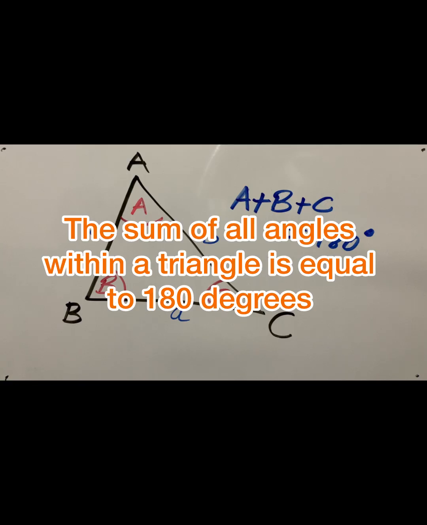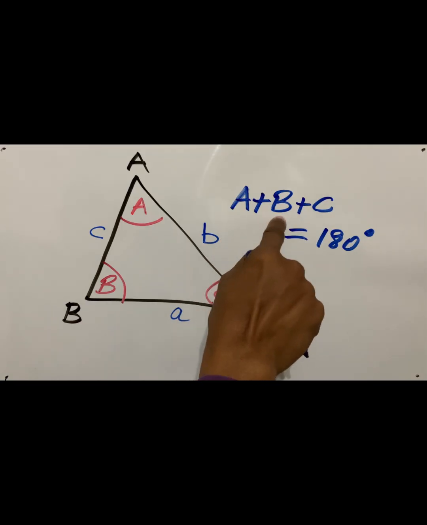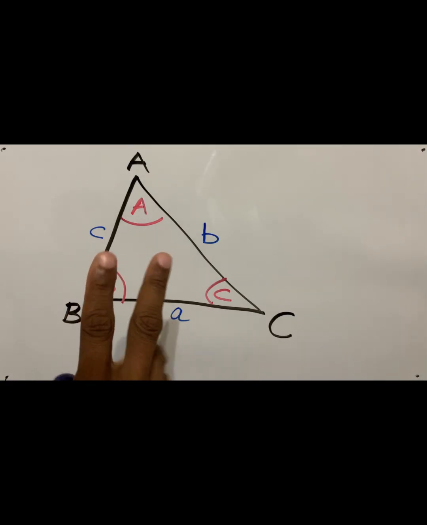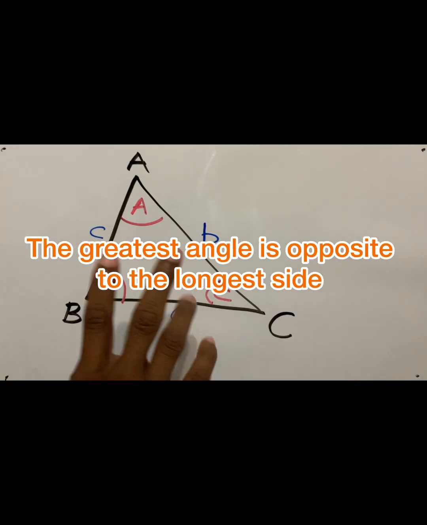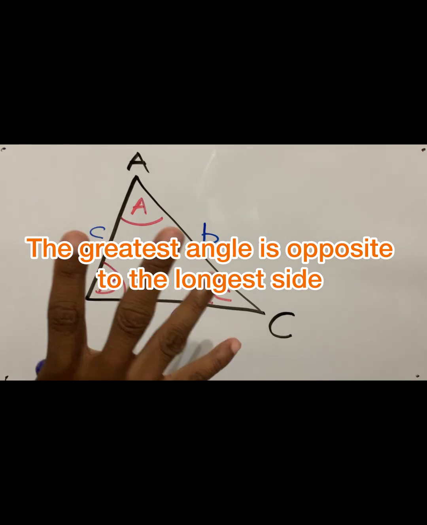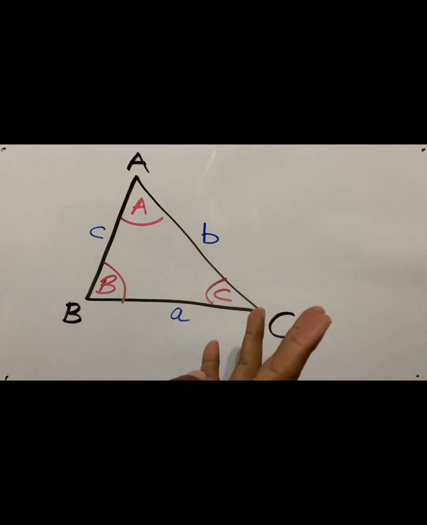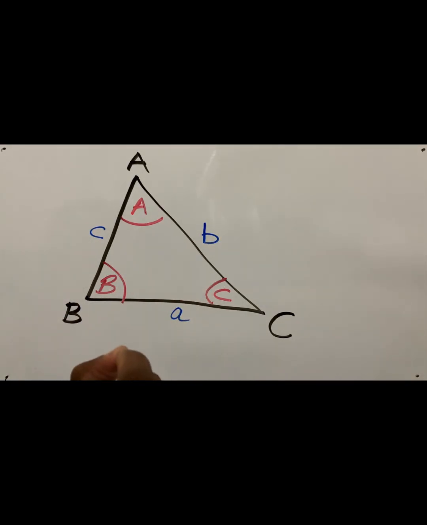In all triangles that you know, when you add up all the angles, it gives you 180 degrees. Something again that is very important that we need to know is that in every triangle, the greatest angle is opposite to the longest side. Likewise, the smallest angle is opposite to the shortest side.